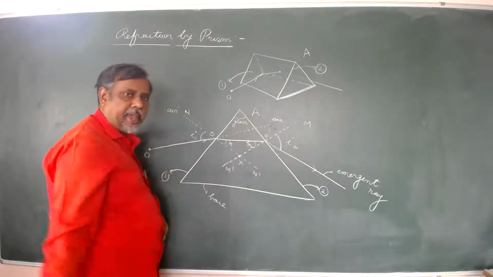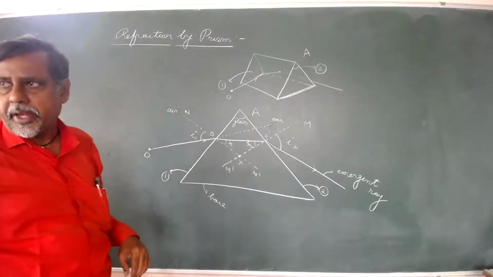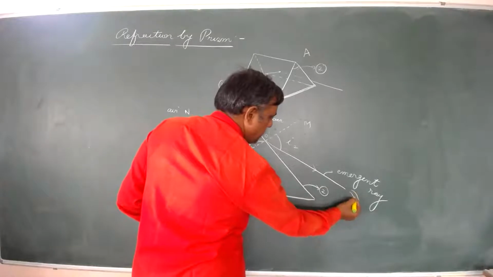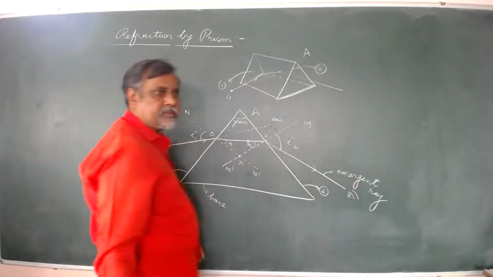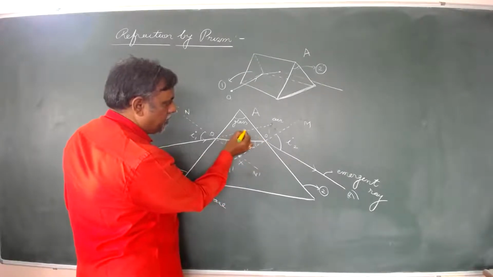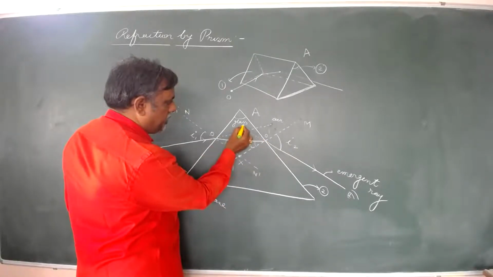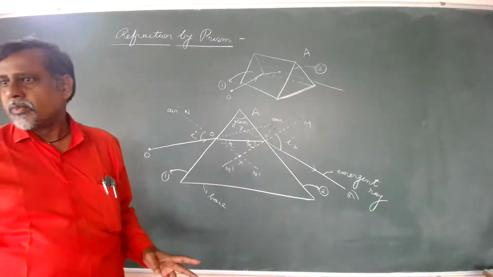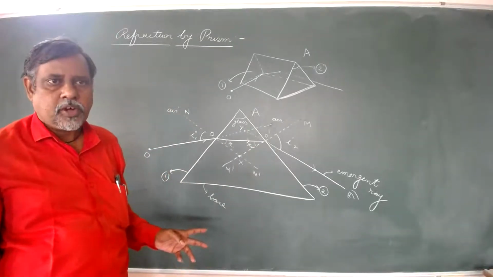This must be the actual propagation of the light ray. If the observer sees from this side, this is the observer's position. For this observer, this light ray seems to be coming from an imaginary point over here. Let that point be Y. Got it?